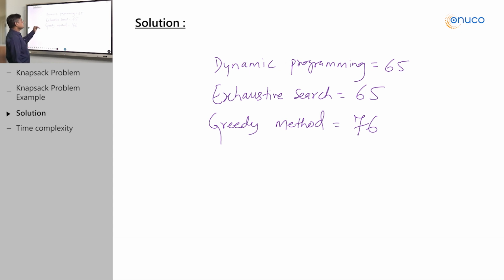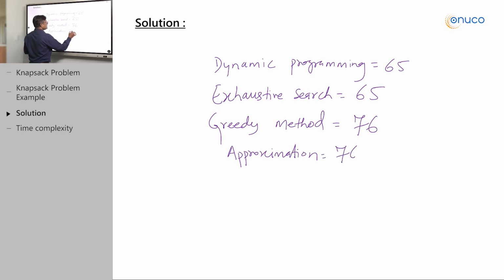So now we have to think about what the approximation error is. Generally we write 76 divided by 65. If you want the percentage, it is 76 minus 65 divided by 65.